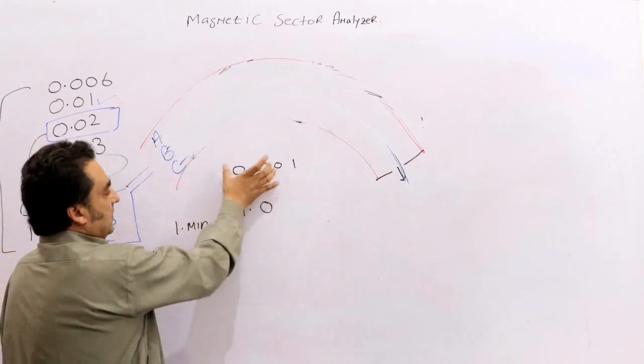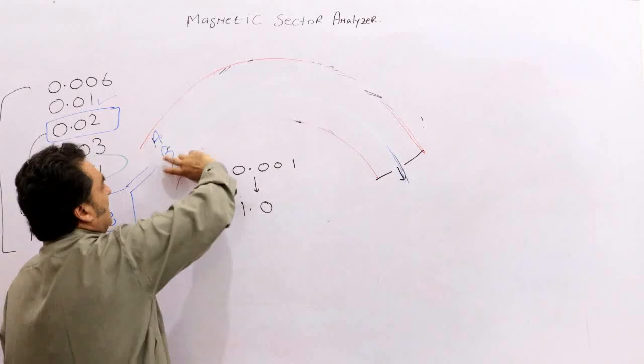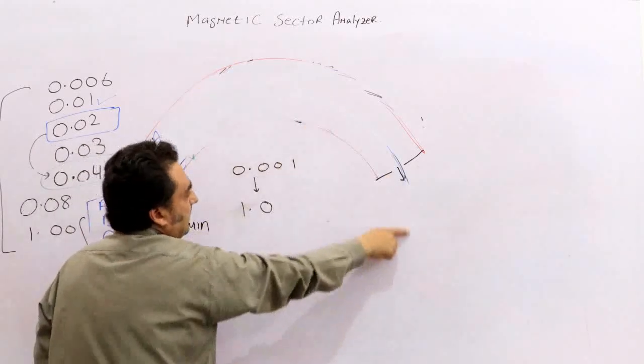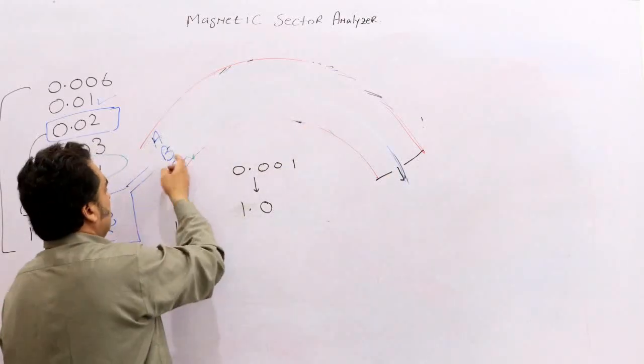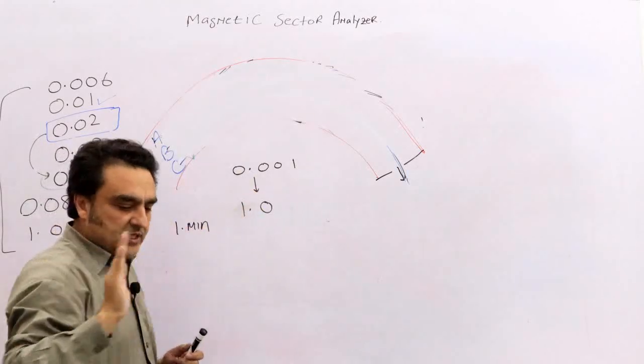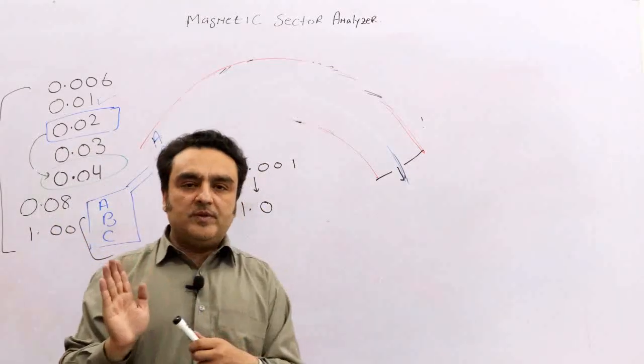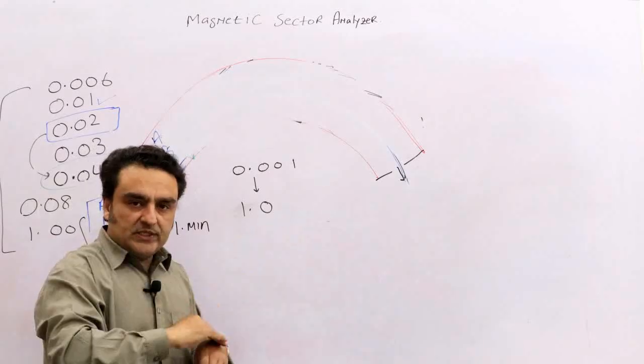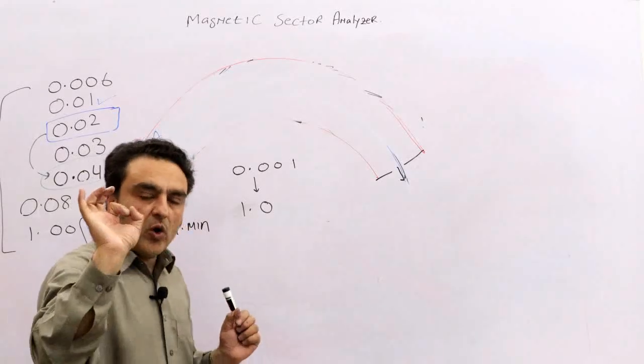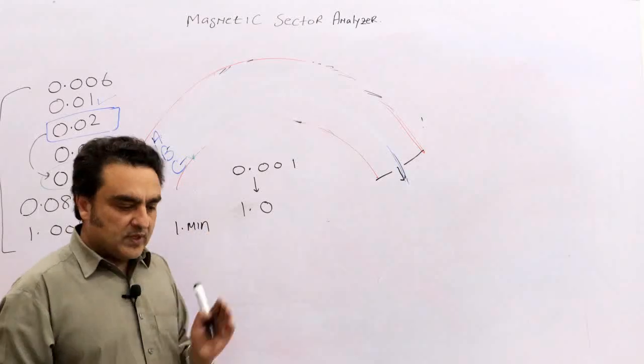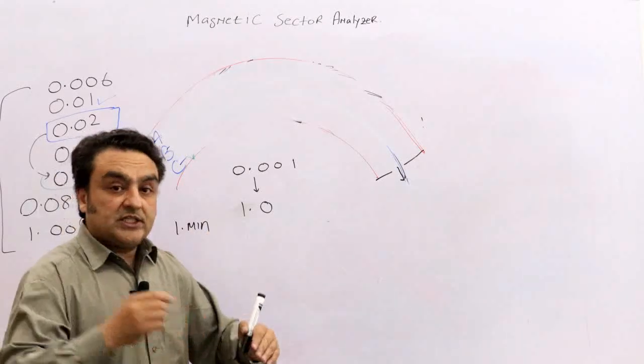First, 2 molecules will be destroyed and 1 will pass, then the other 2 will be destroyed, the other 1 will pass. So 1 molecule at a time will pass when its optimum magnetic field is reached.